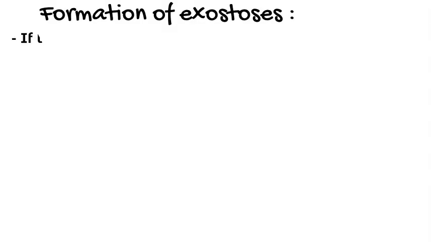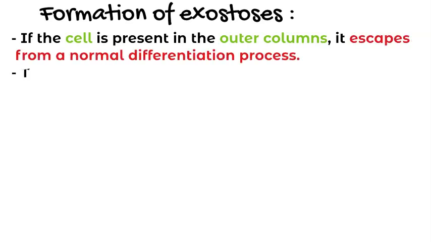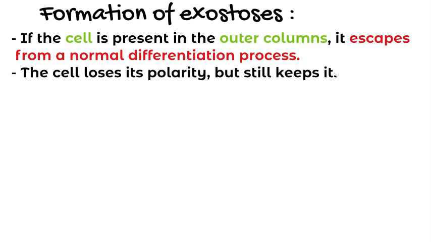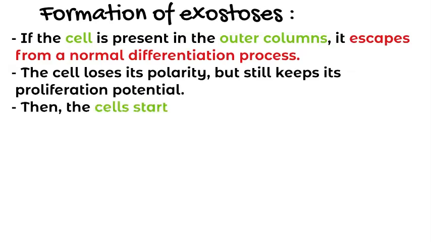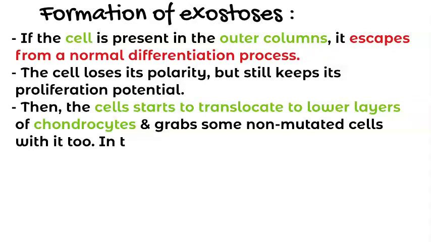If the cell is present in the outer columns, it escapes from the normal differentiation process. The cell loses its polarity but still keeps its proliferation potential. Then the cells start to translocate to lower layers of chondrocytes and grab some non-mutated cells with them too.